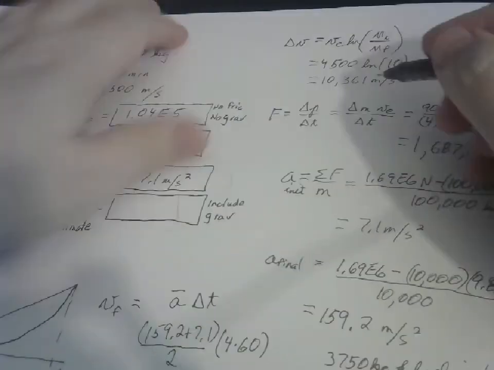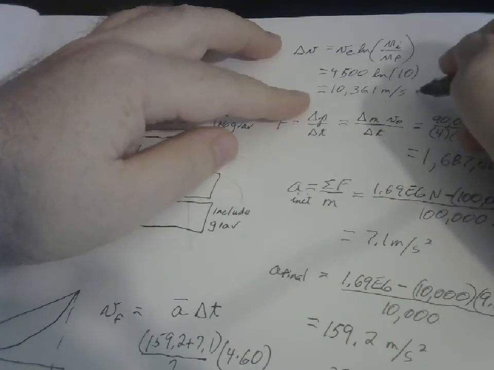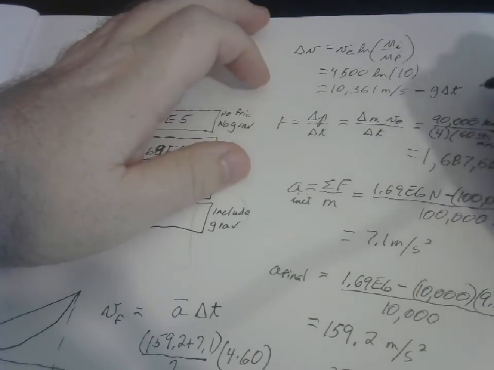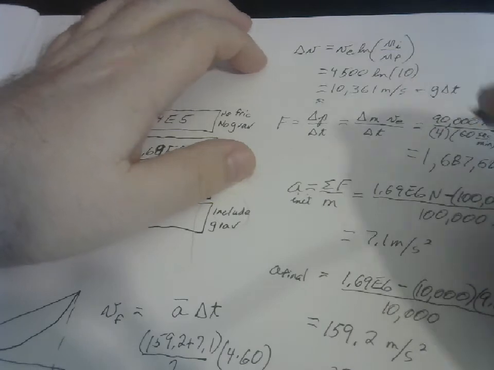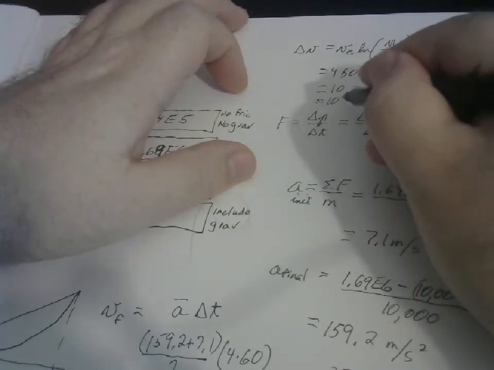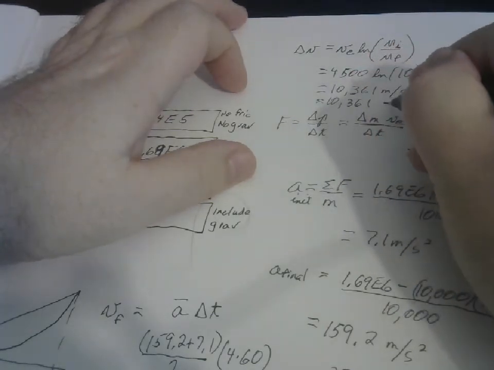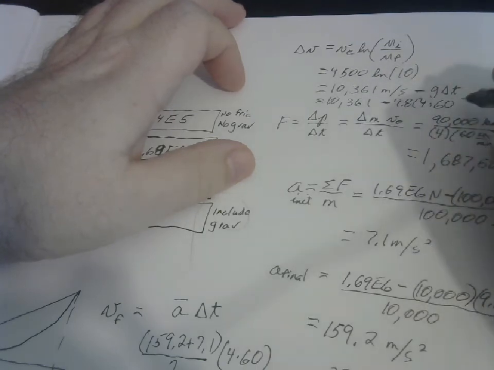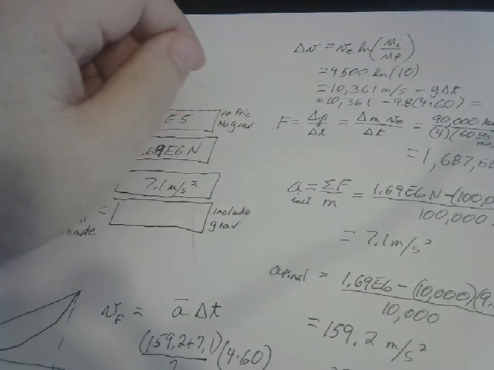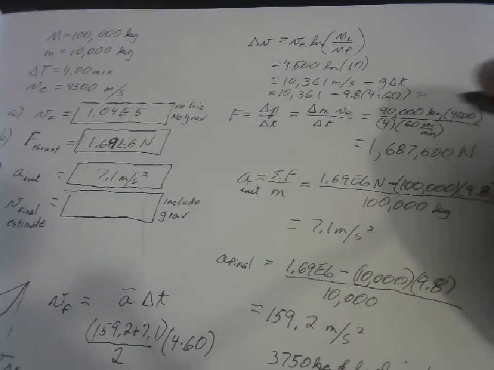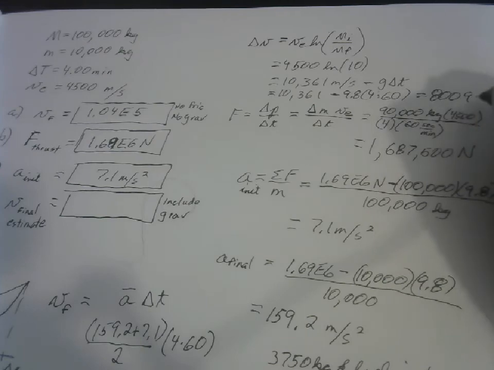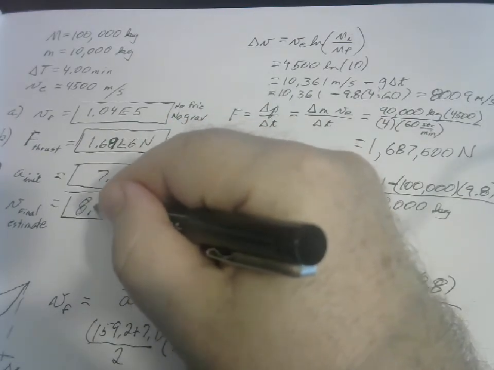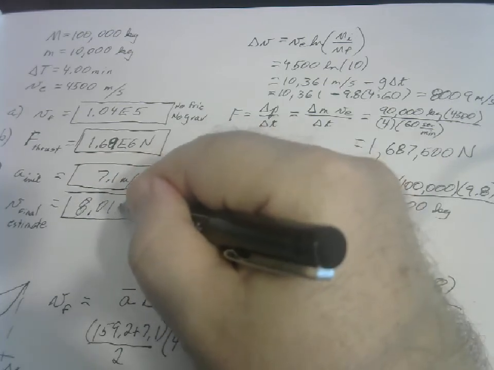So they just took the 10,361 meters per second minus g delta t. So 10,361 minus 9.8 times 4 minutes times 60 seconds per minute, and came up with 8,009 meters per second, 8.01 E3.